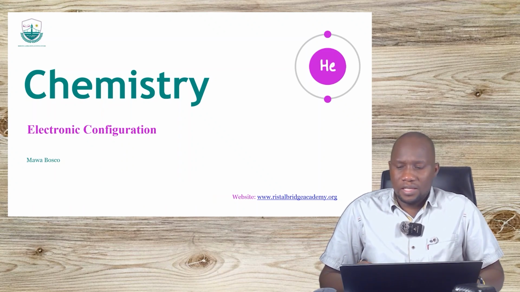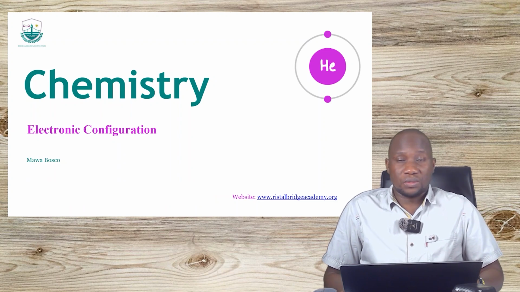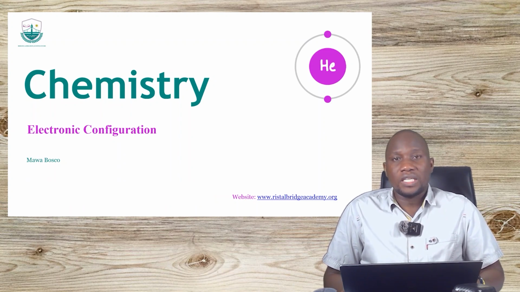Okay. In this presentation, we are looking at how these electrons are arranged across the different shells of an atom. That's what we call electronic configuration. How are they arranged?